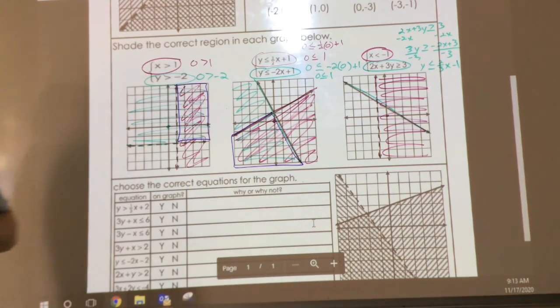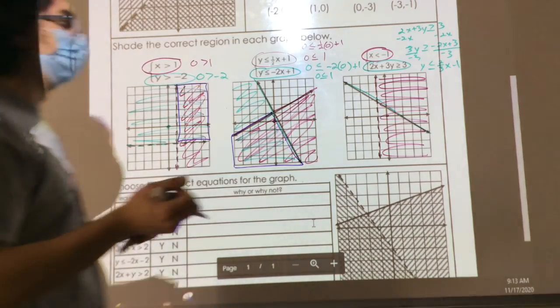Just going to go ahead and remind you, you're going to end up dividing by a negative coefficient, and therefore you're going to have to flip your inequality symbol.